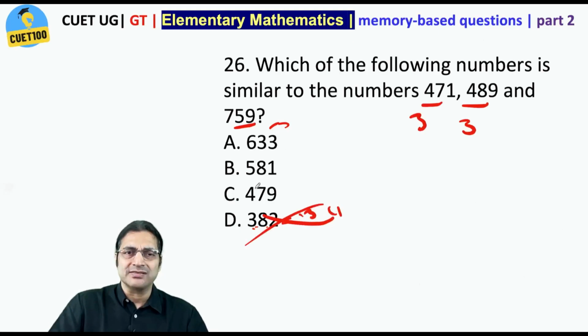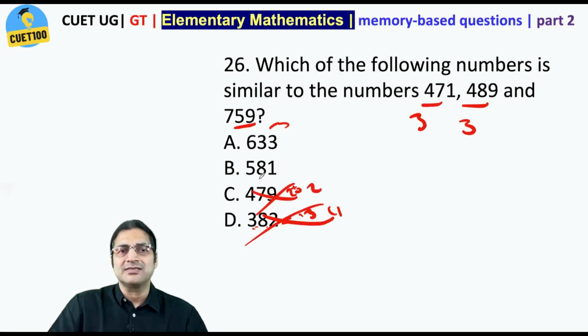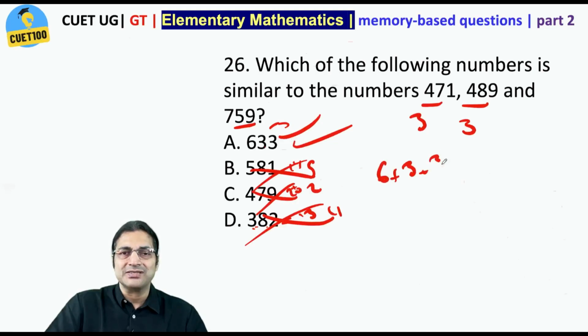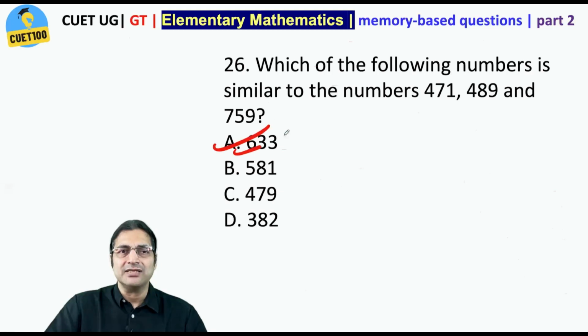This cannot be my answer. 11 and 9, 20. 2 plus 0, 2. This also cannot be my answer. 13, 1, 14, 4 plus 1, 5. Cannot be my answer. This is my answer. 6 plus 3, 9 plus 3, 12. And 6 plus 3 plus 3, 12. And 1 plus 2, 3. So, straight away, this is my answer.